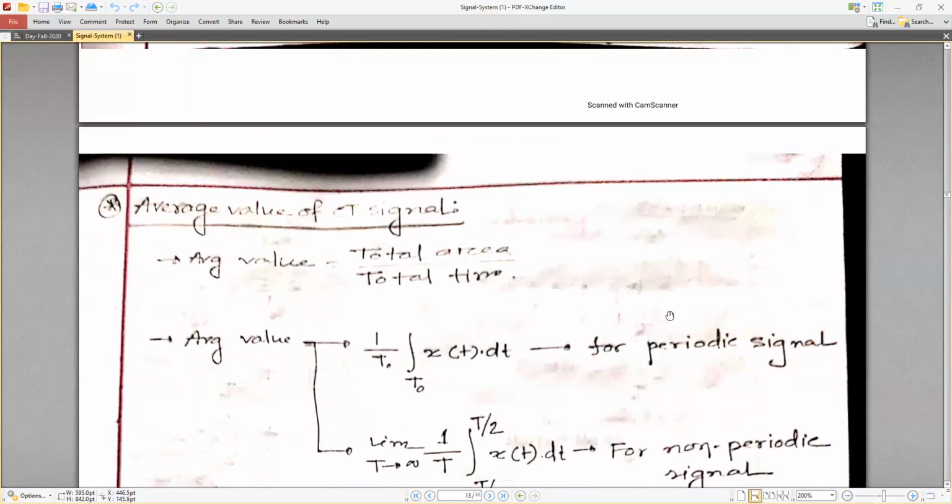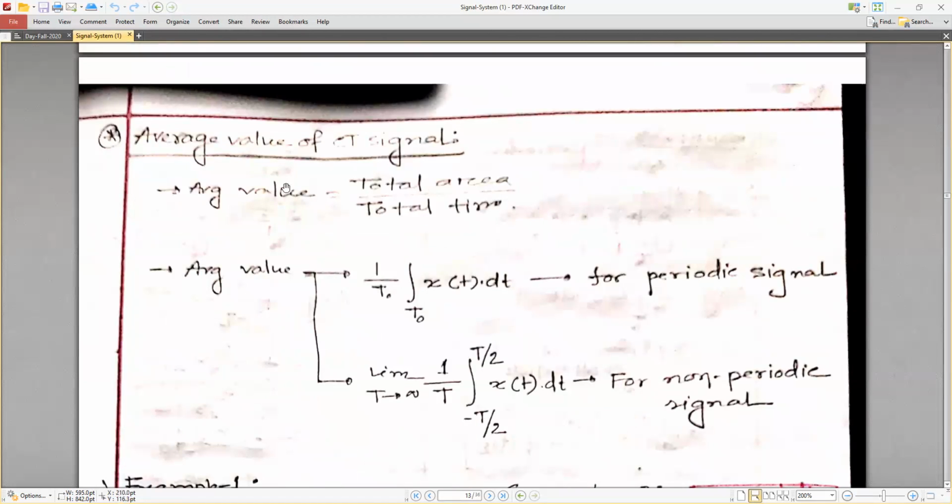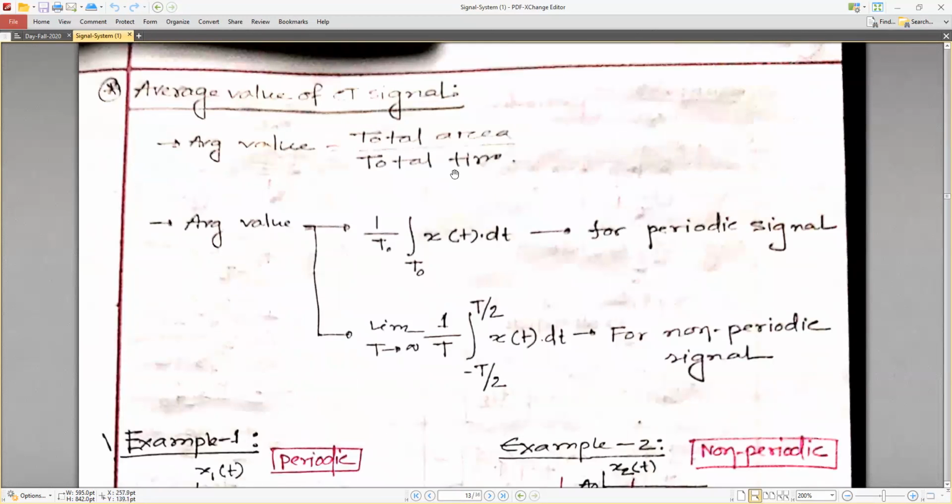Okay, now see the average value. The average value formula is the total area divided by total time. So total area: 1 by T0 integral of x(t) dt for a periodic signal, and limit T tends to infinity of 1 by T integral from minus T/2 to positive T/2 of x(t) dt for a non-periodic signal.